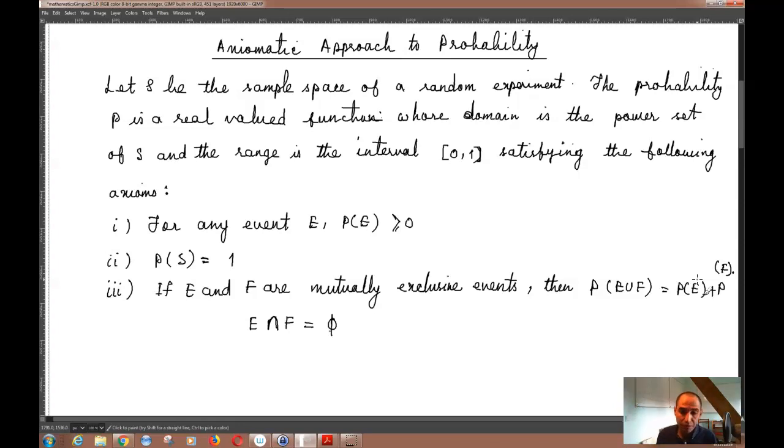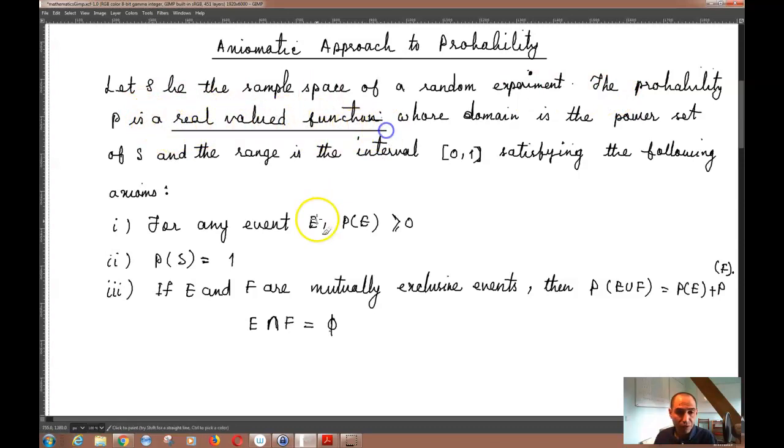So the sentence that we have here needs to be understood. It says that let S be the sample space of a random experiment. This is clear. You know what a random experiment is, and you know what the sample space is, so we have no problem there. Now it says that the probability P is a real valued function.